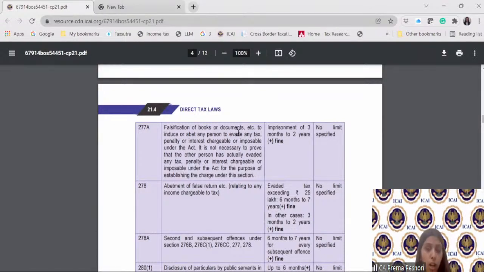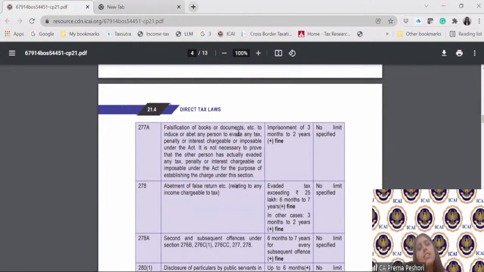For willful abetment, it is the same for the false return. And even for the other cases also we saw it is the same, that wherever the tax is more than 25 lakhs, it is 6 months to 7 years. So this will help you remember easily. Is that clear? Then in other cases, it is 3 months to 2 years.